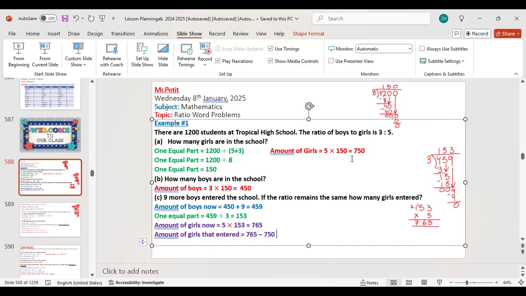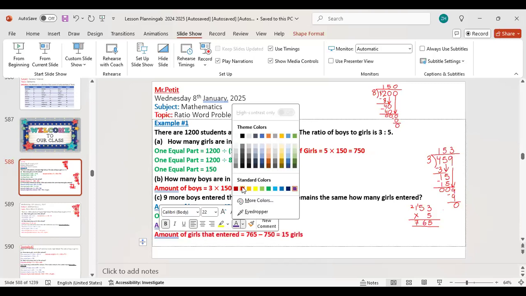And 765 minus 750 is going to be 15. So the amount of girls that entered is 15 girls. And that's how we could find 15 girls.